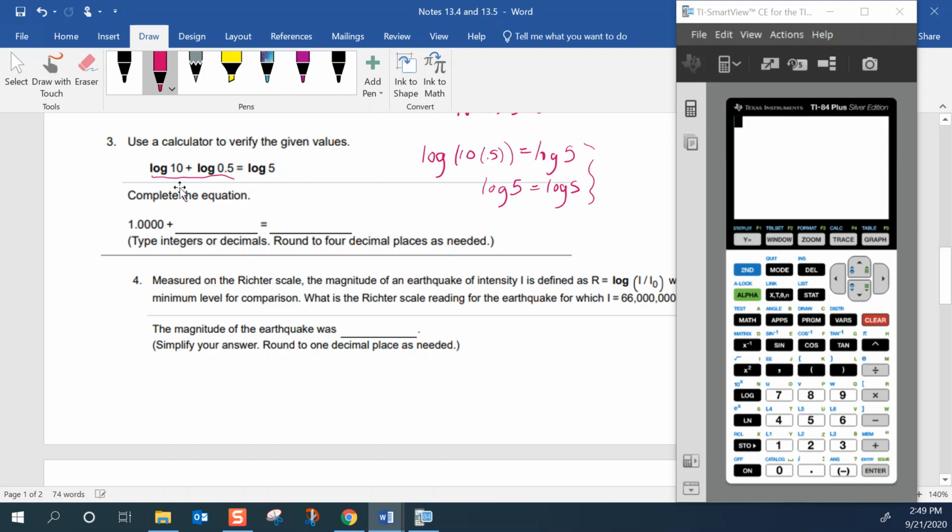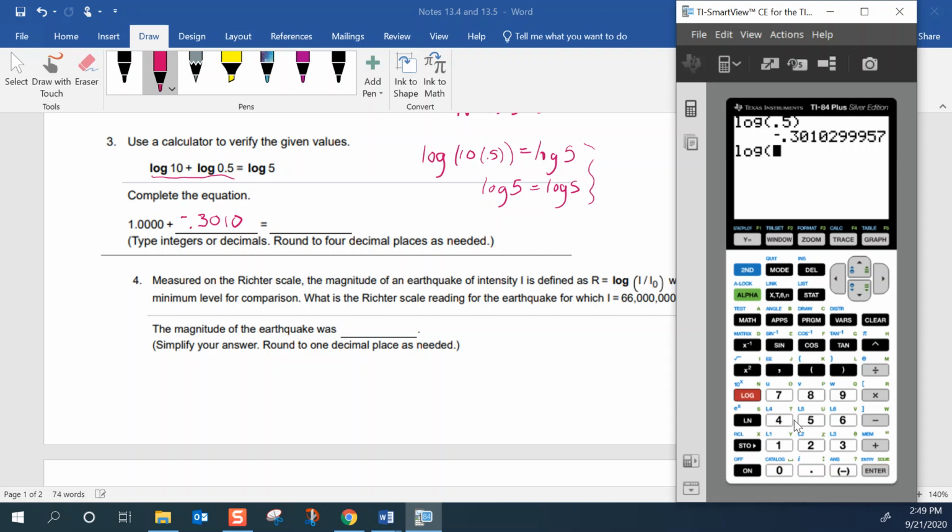So the log of 10, remember the property, 10 to what power is 10, is 1. And we want to go 4 decimal places, plus the log of 0.5. The log of 0.5 is a negative 0.3010, to 4 decimal places, equals the log of 5.